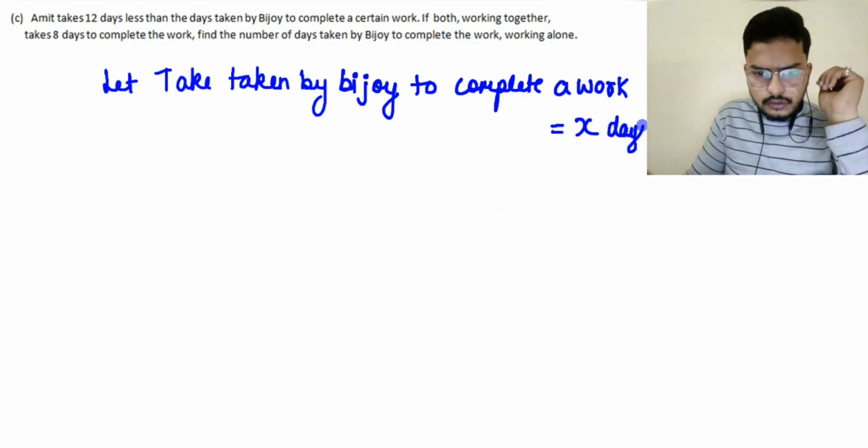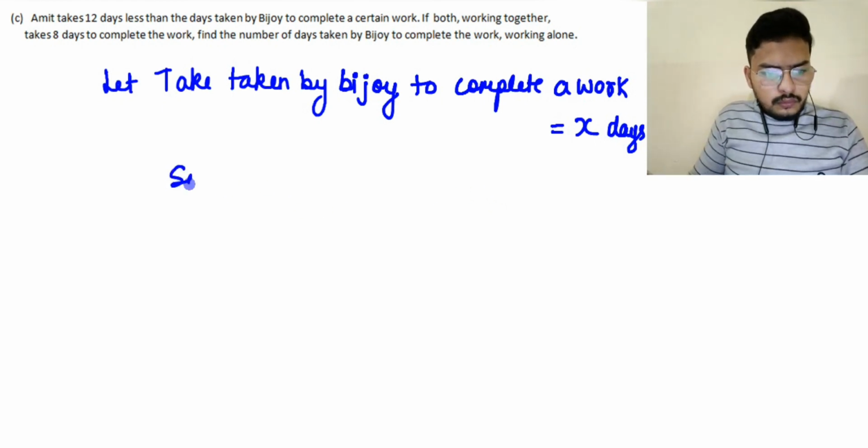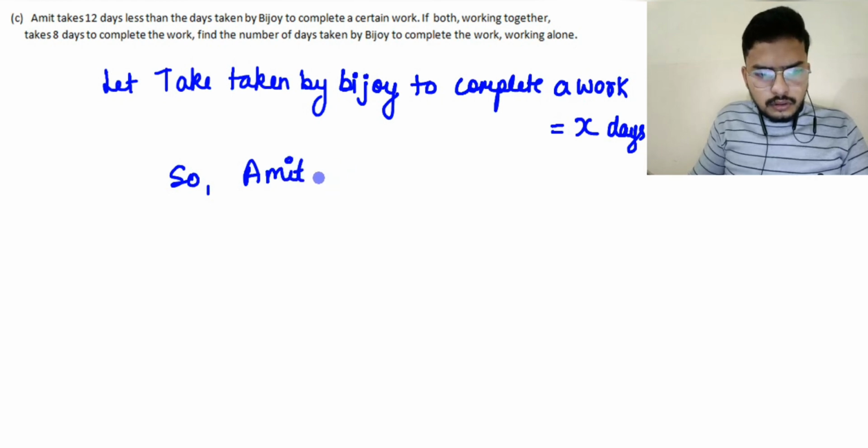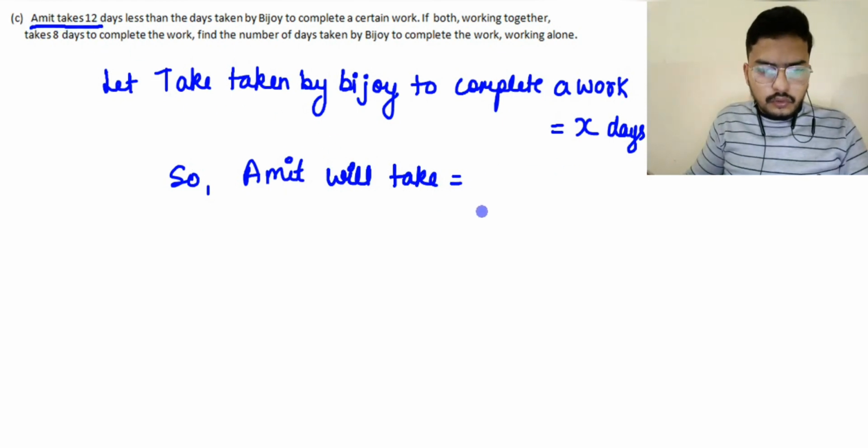Let us suppose Bijoy is taking X days. So the time taken by Amit is what? The question is saying Amit takes 12 days less than Bijoy, which means X minus 12 days, right?